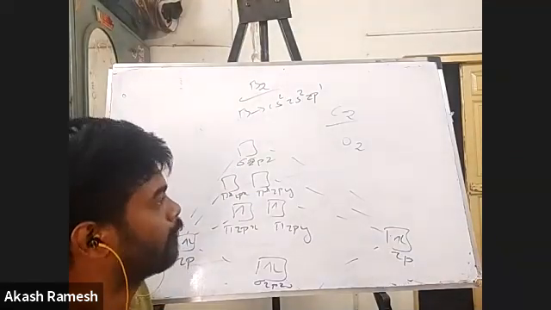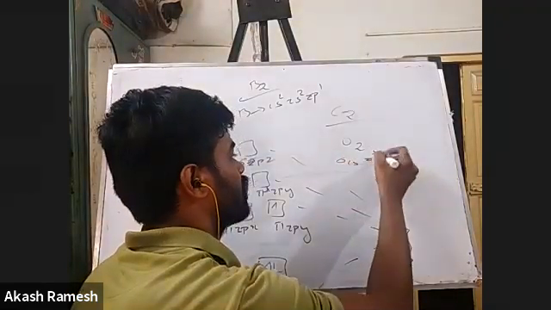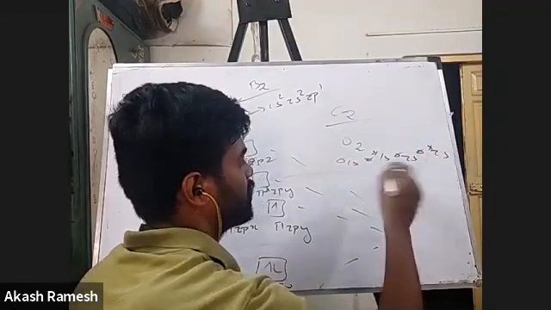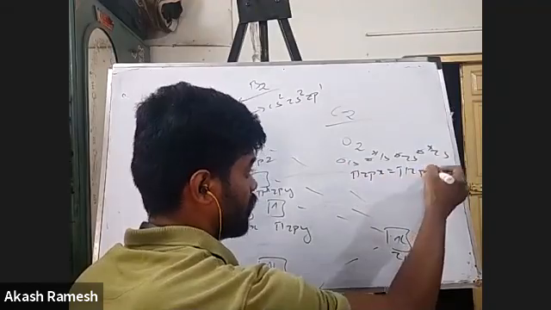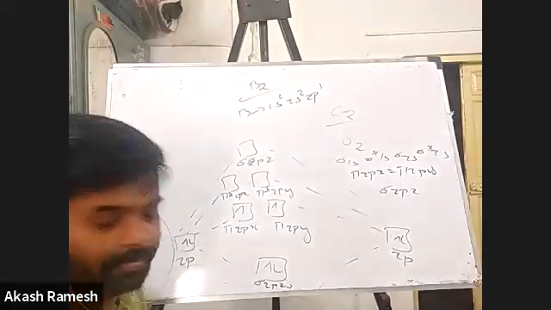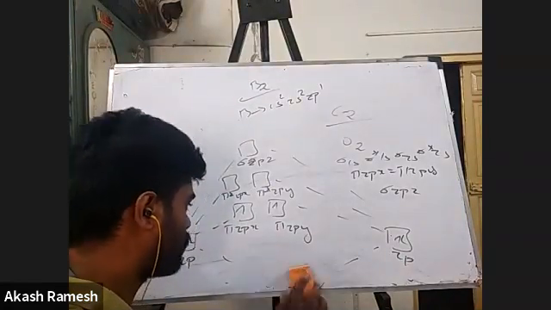Thing is, if you look at the order, it's actually sigma 1s, sigma star 1s, sigma 2s, sigma star 2s. First comes your pi 2px equal to pi 2py. Then only sigma 2pz comes. But what did we do here? We put sigma 2pz first. So entirely wrong, right? So let me change it. You also change it, please.